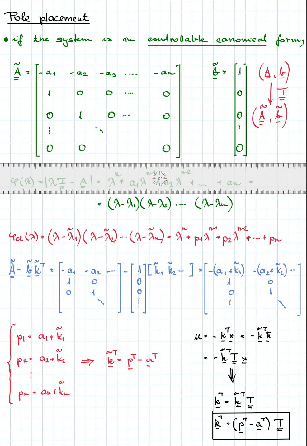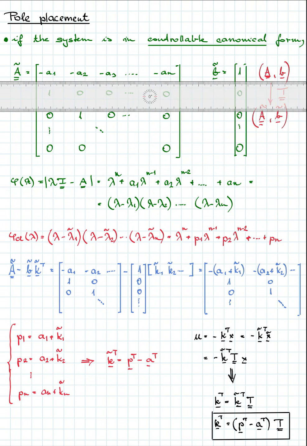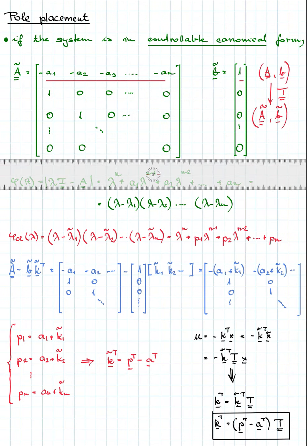And let's say our system is in the controllable canonical form first. So it's here, which we have spoken about some videos before. The first row of A tilde and B tilde is minus a1, minus a2, etc., minus an, and 1 in the B. And the other part below this line has a very special form.